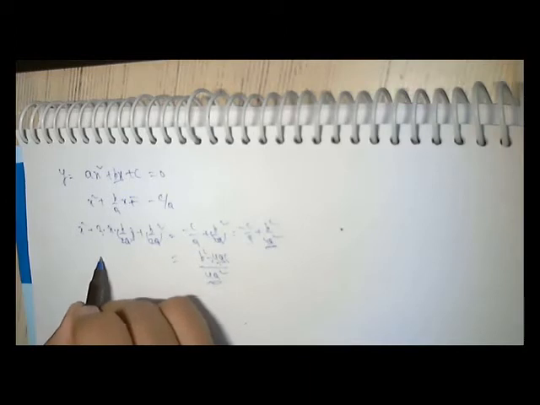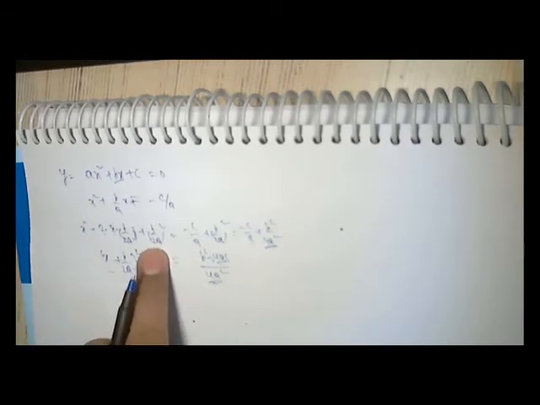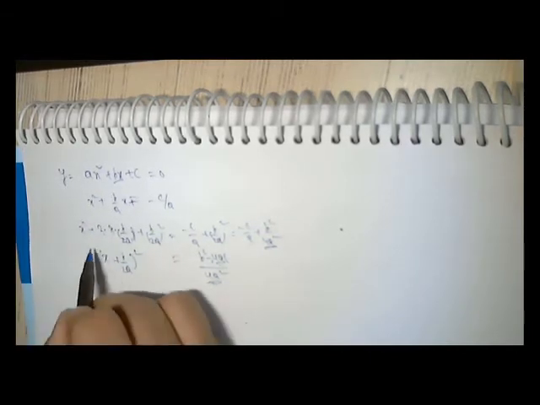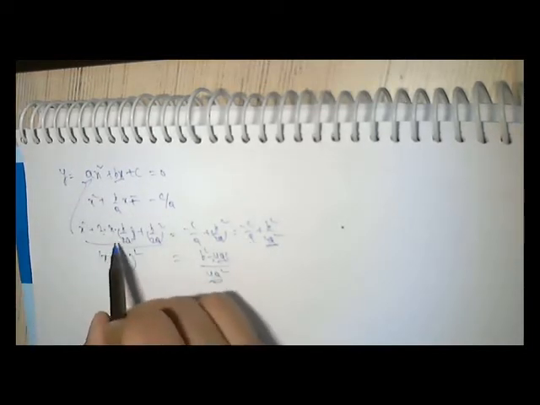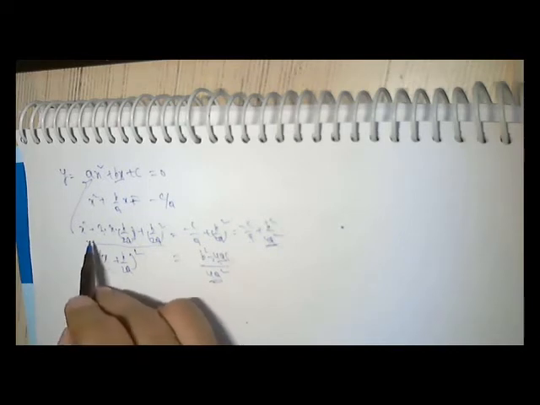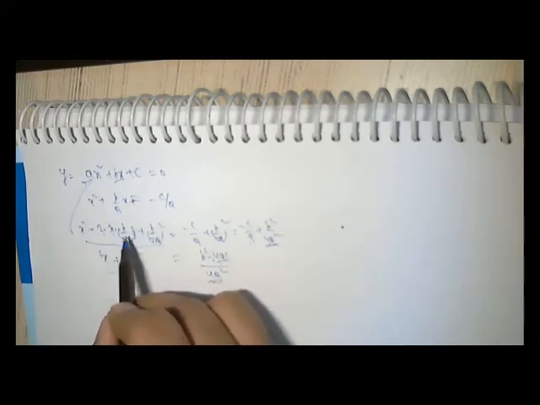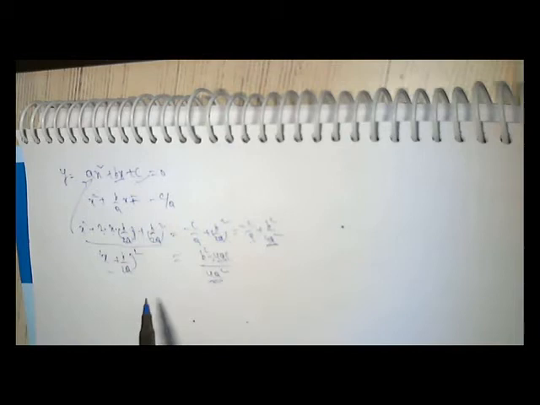What is the left hand side? x plus b by 2a whole square, which is x square plus b square by 4a square plus 2 into x into b by 2a. This should always be the same as the original equation; it cannot change. If I simplify it, the 2 gets cancelled, bx by a, and b square by 4a square gets cancelled, plus c by a. So finally it comes to the same equation.